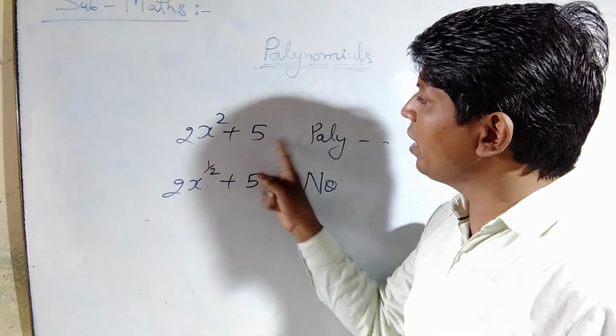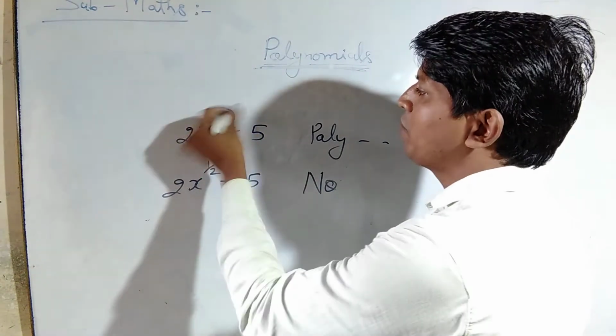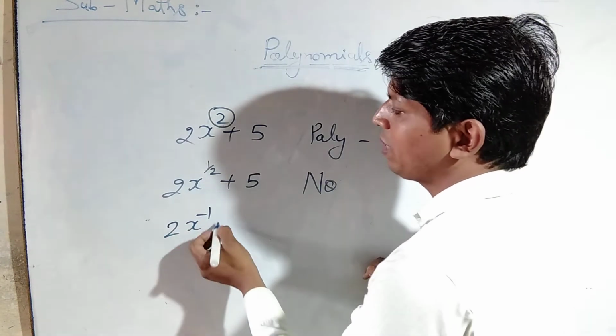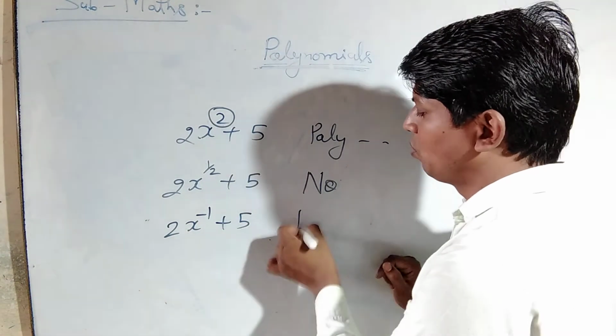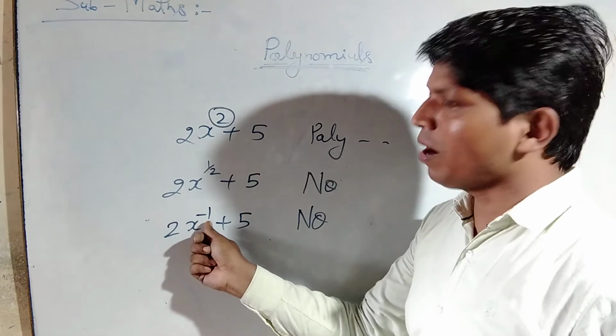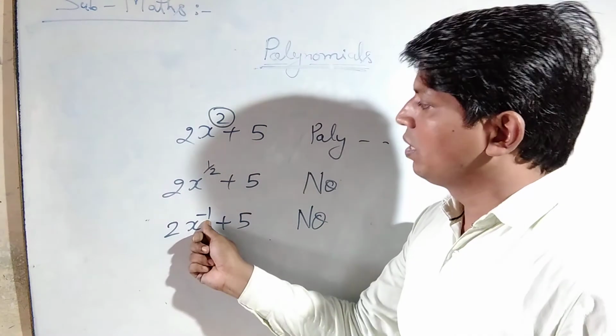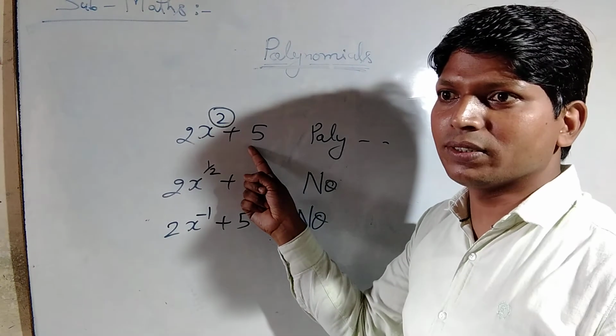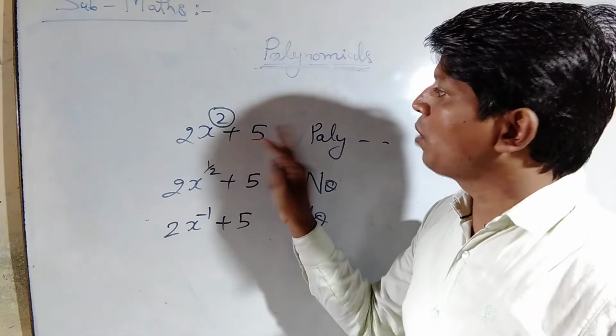And 2x to the power minus 1 plus 5, no, this is not a polynomial because the power is negative. An expression having only whole powers is known as a polynomial.